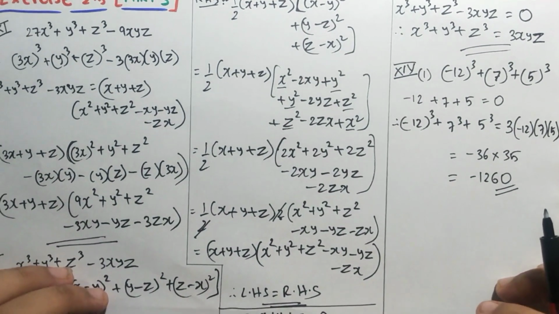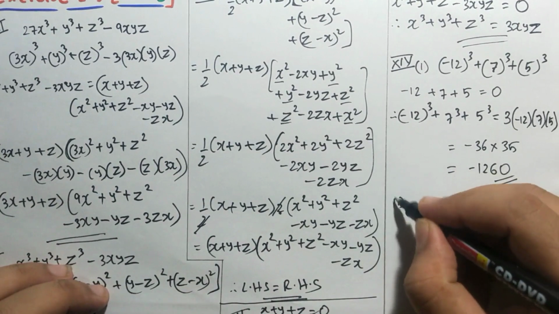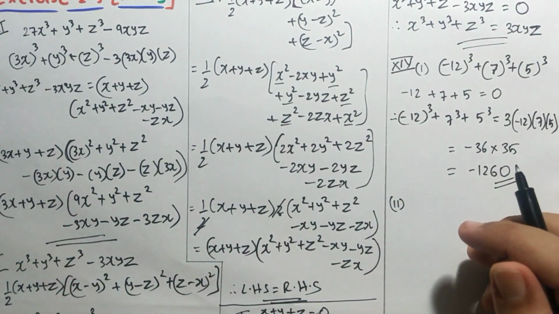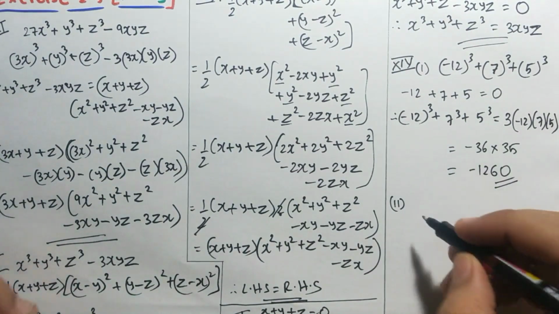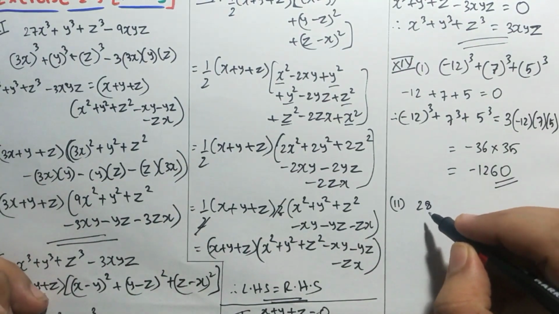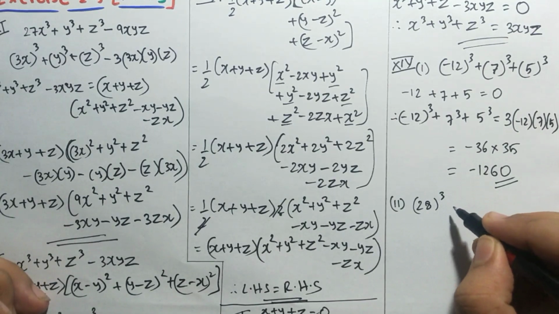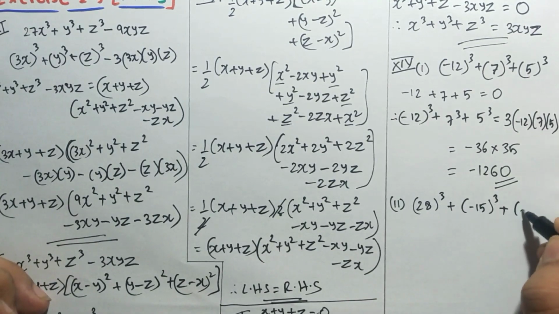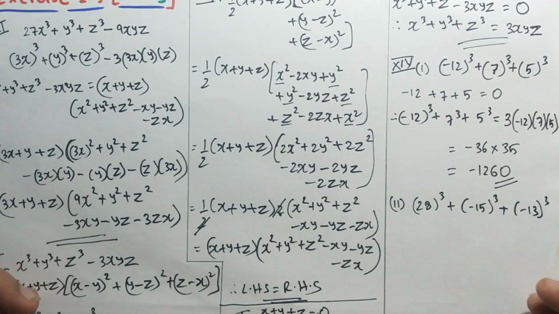So shall we proceed to the next sum of the same type? I am doing both the types so that it may feel easy for you to solve. Next sum is 28 cube plus minus 15 cube plus minus 13 cube.